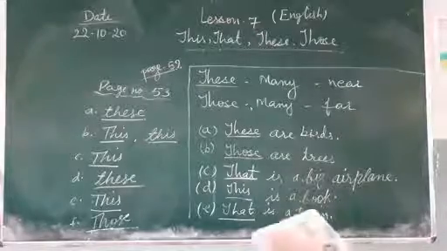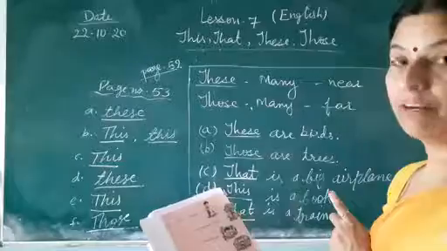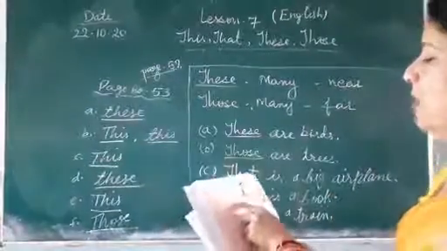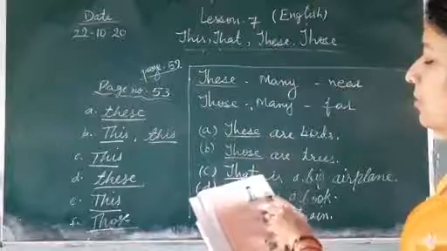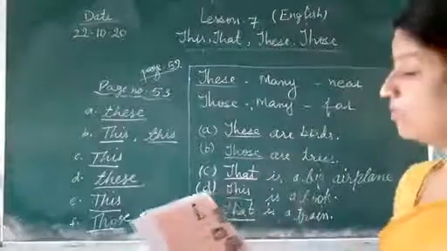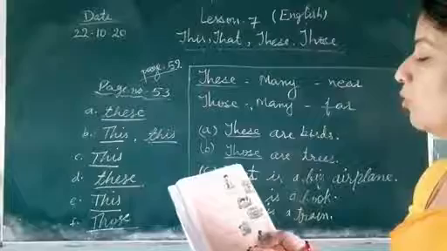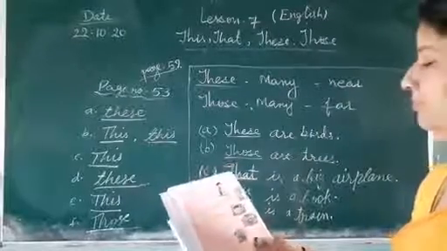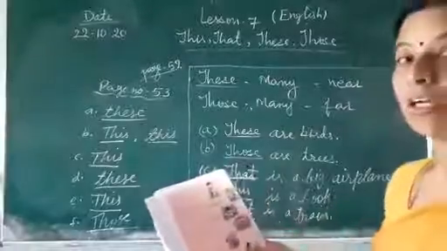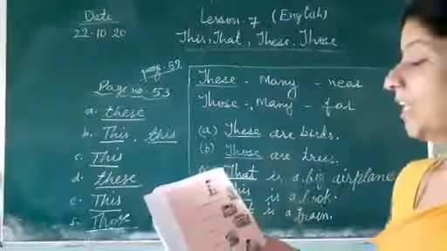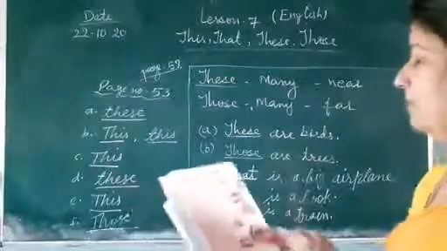See here. This is a bag. One is done for you. Are mangoes up on the tree? Up, mangoes are far from the boy. Those are mangoes up on the tree. Is very pretty flower. Flower is near to the girl. So we will write this is a very pretty flower.